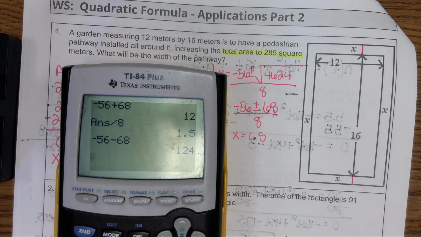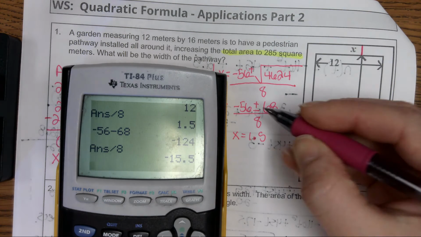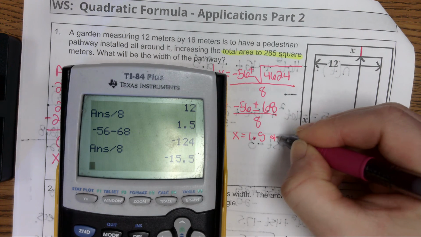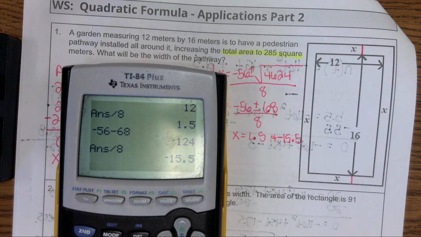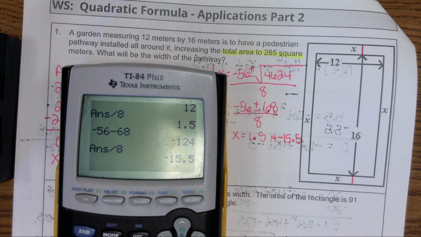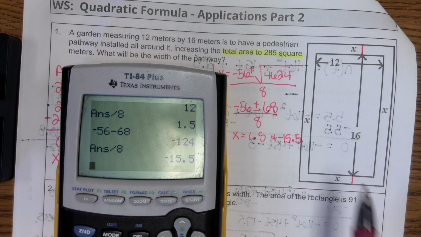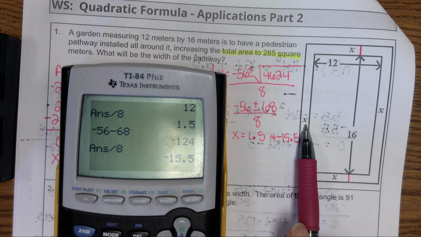And negative 56 minus 68 is negative 124. Divided by 8 is negative 15.5. Which, in dealing with an area of a rectangle, that would not make sense, would it? Because I wouldn't have a walkway that was negative 15.5 feet wide.